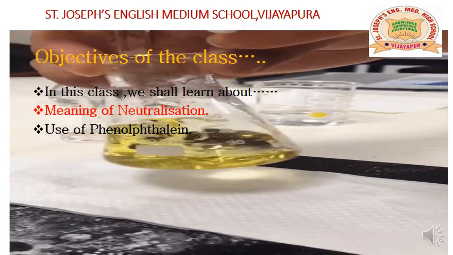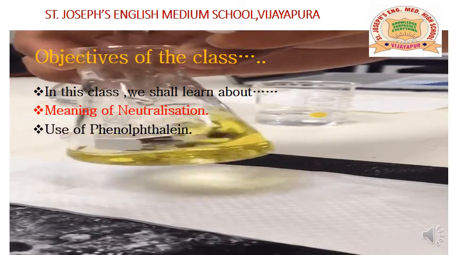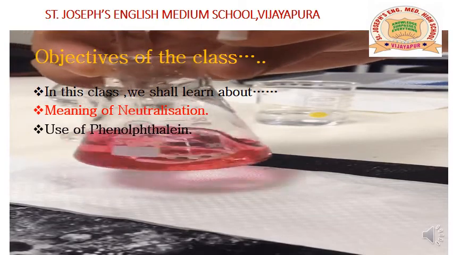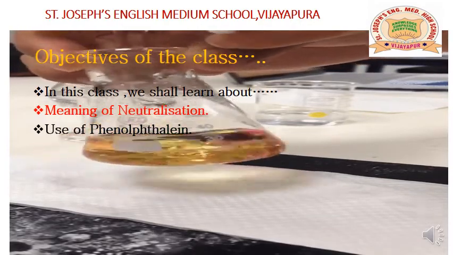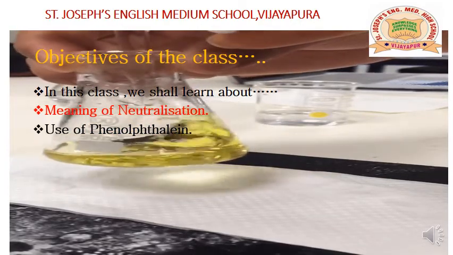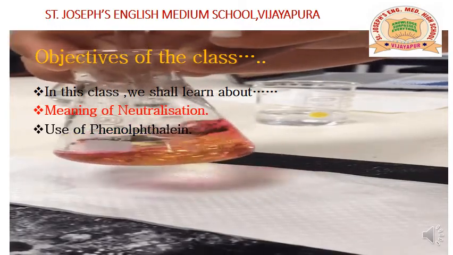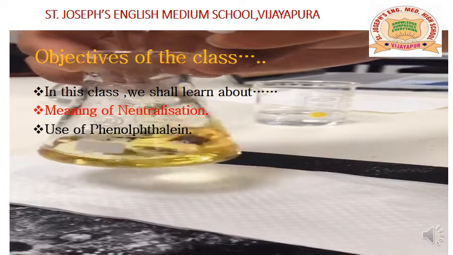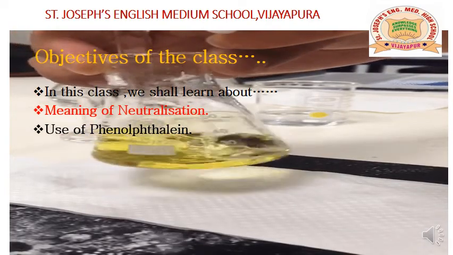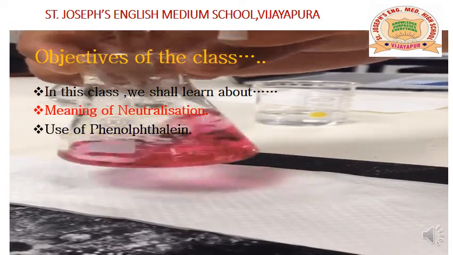Phenolphthalein is an indicator. In part 1, we discussed natural indicators like turmeric, china rose and litmus paper or litmus solution. But phenolphthalein is an artificial indicator. About its uses we are going to discuss in today's class.